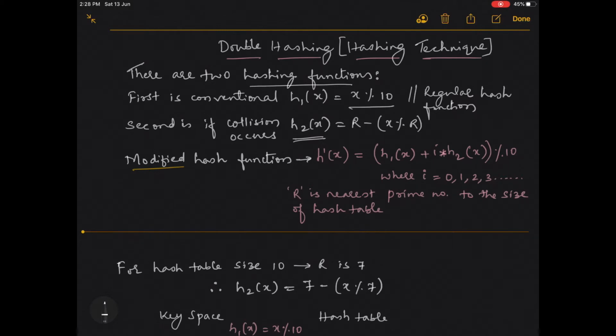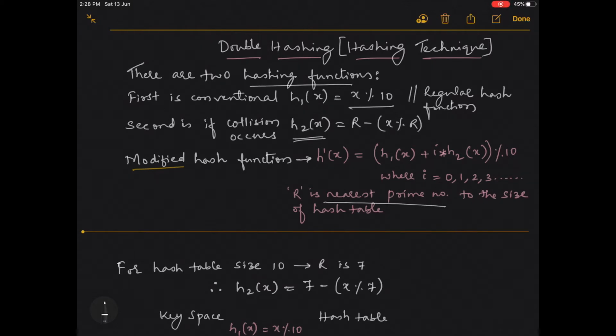What is r here? r is the nearest prime number to the size of the hash table. So suppose the hash table is 10, the nearest prime number below it is 7. So r will be 7 if we choose a table of size 0 to 9, that is 10.